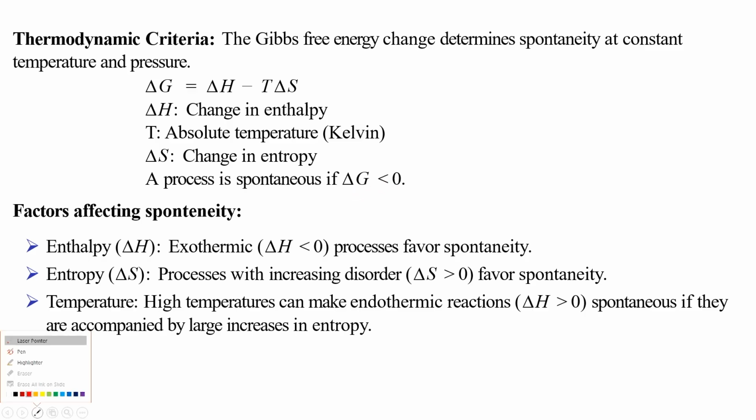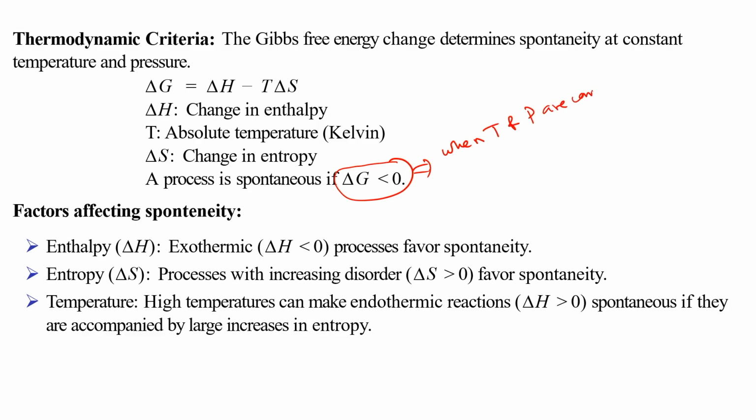Remember that this expression is applicable when T and P are constant. So at constant temperature and pressure only this is applicable, not constant temperature and volume or constant pressure and volume. No, those will not be applicable.